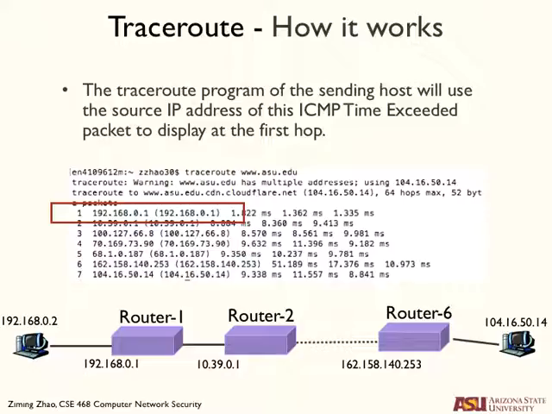And the destination address will be my laptop's address. So when my laptop receives this ICMP time exceeded message, I know that this message is sent from this router. Traceroute will display that the first hop is this IP address. So now we know the first hop from my laptop to ASU's network.